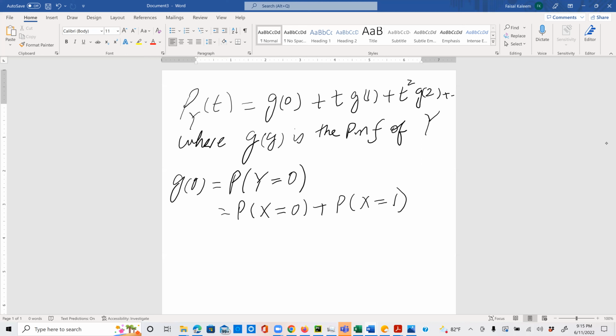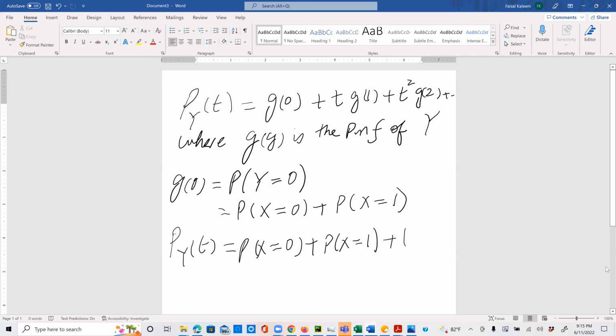So if we now substitute this in, so P_Y(t). This equation is, the first term is g of 0, which we figured out is these two terms, the probability X is equal to 0 plus the probability X is equal to 1, plus t g of 1. So t times, and g of 1 is the probability Y is equal to 1.